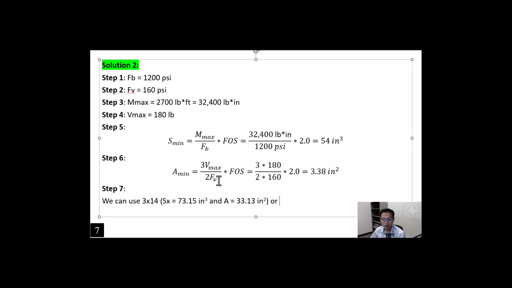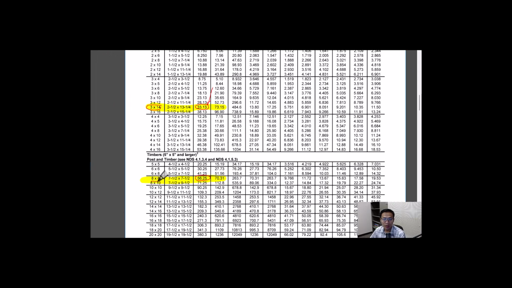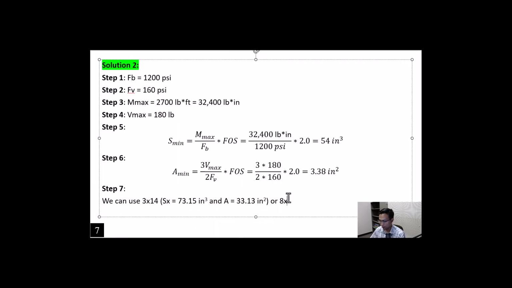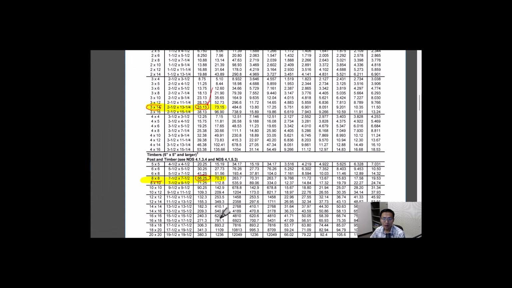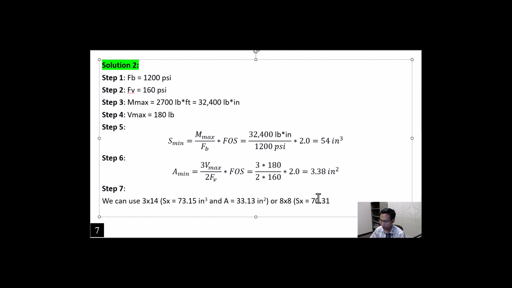Or we can also use 4 by 14 as well, with Sx equal to 70.31 inch to the power of 3, and A equal to 56.25 inch squared. So either of the two options will work.